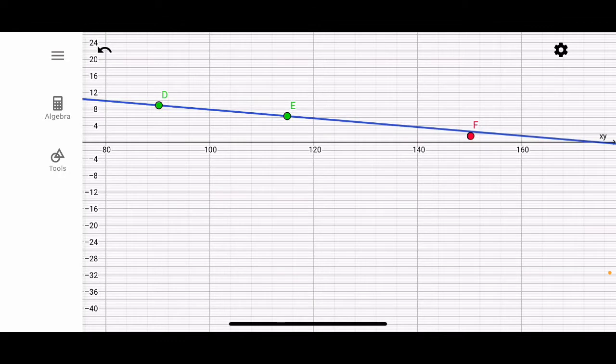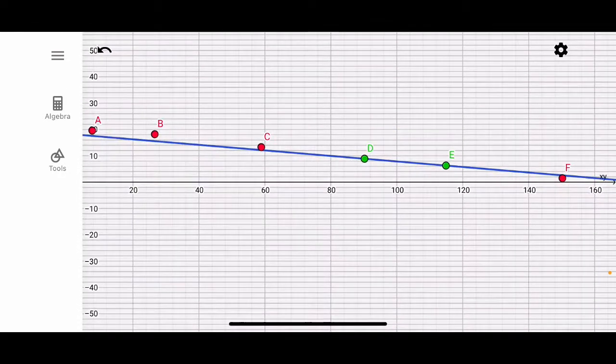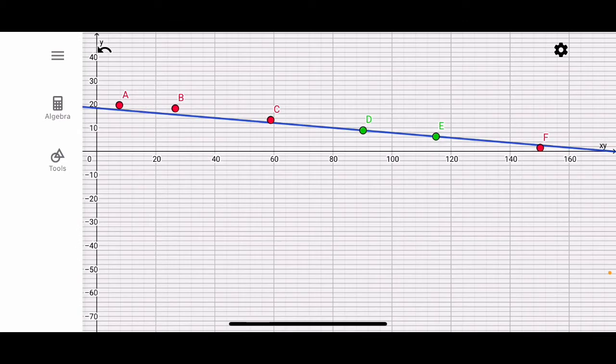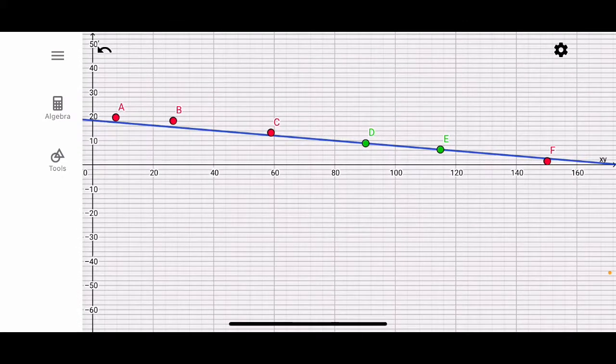Below the line we got 1 point, not balanced. So we can say that this line is not the line of best fit. So the line DE is not the line of best fit, because the number of points above the line and the number of points below the line are not equal.